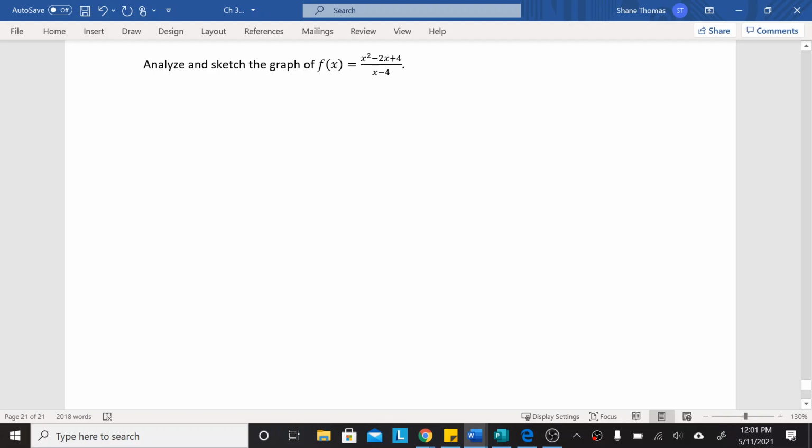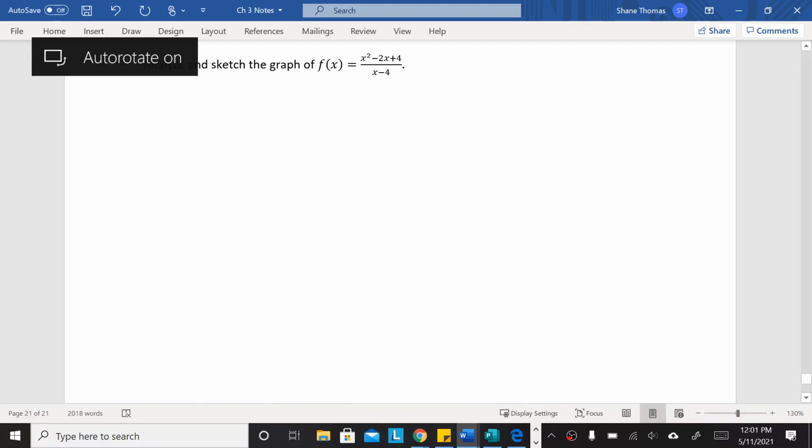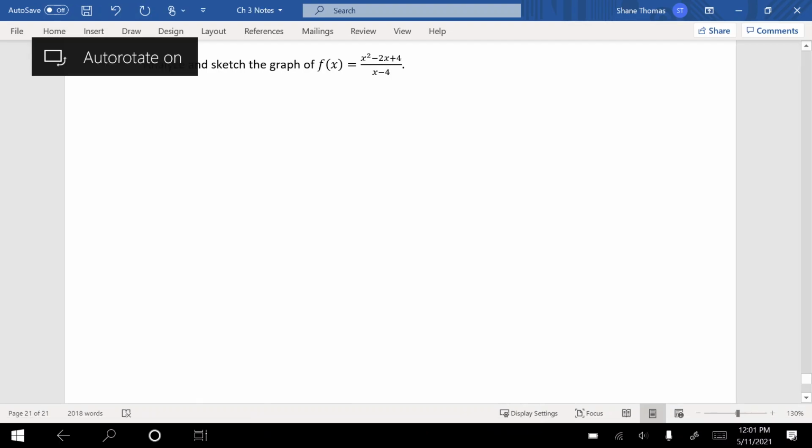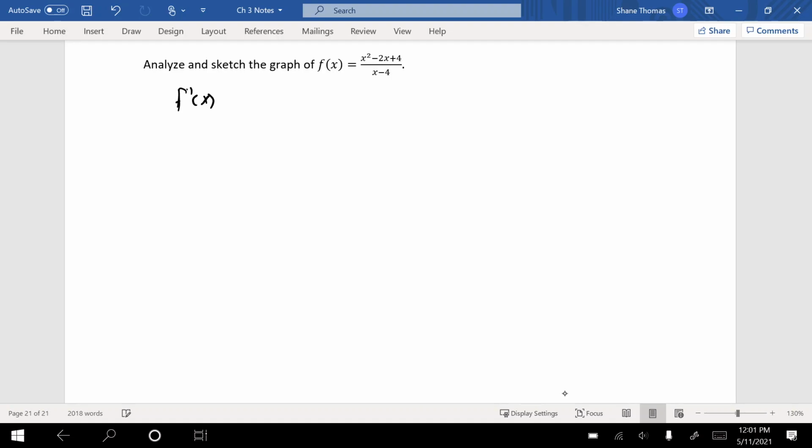So first off, let's find the derivatives. First derivative, f prime of x. After you do the derivative and simplify a little bit, you're going to get x minus 4 over x minus 2 quantity squared.